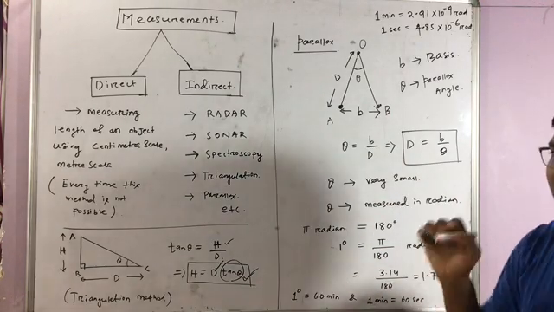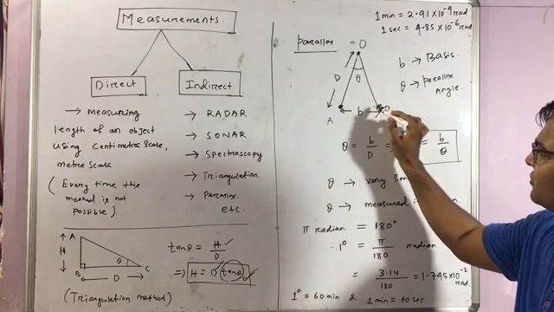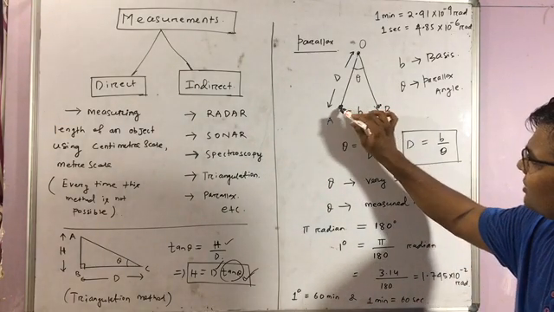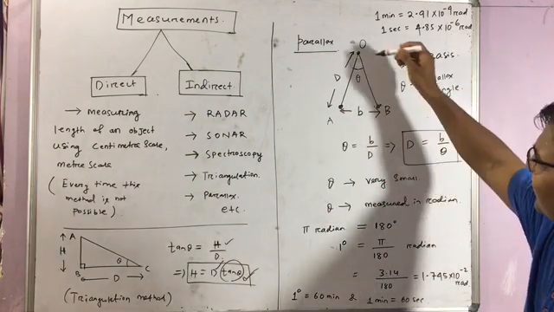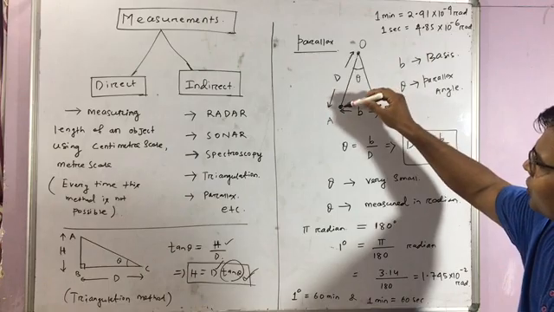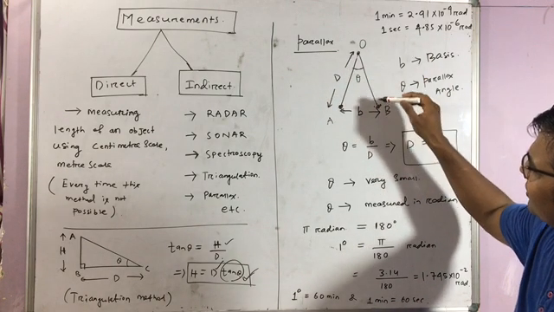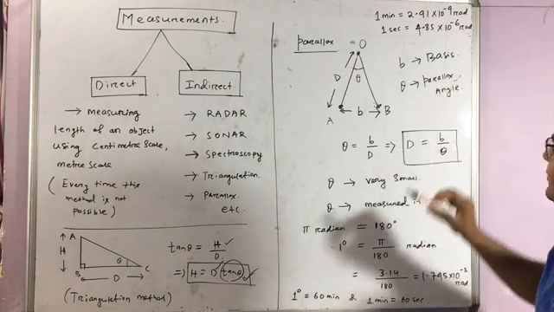For example, the gap between your eyes is called your basis. So the distance between A and B, this is small b, which is called your basis, and this is the object you are observing. The angle made at the object by the two observation points, this theta, is called your parallax angle.